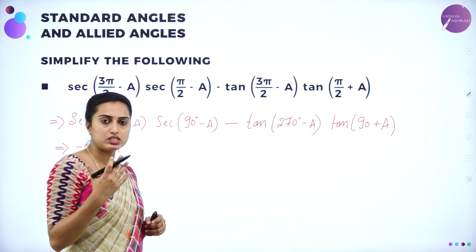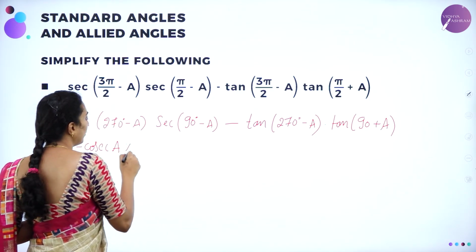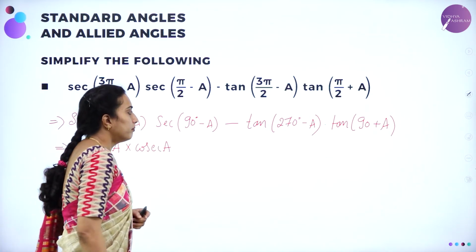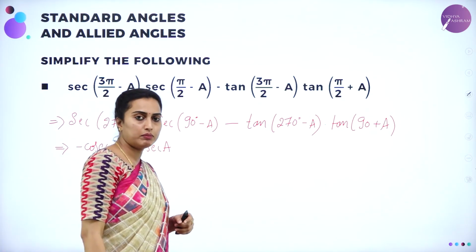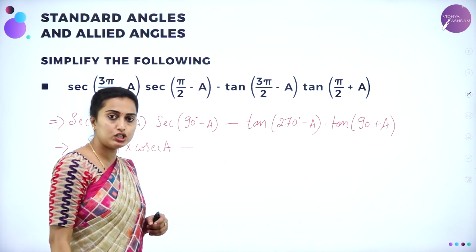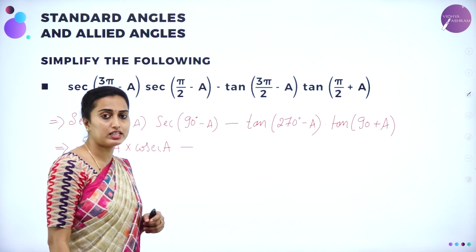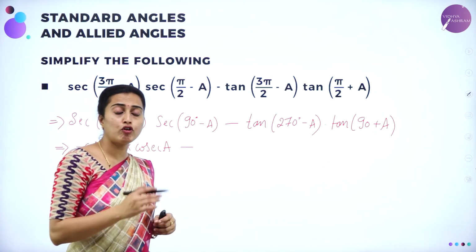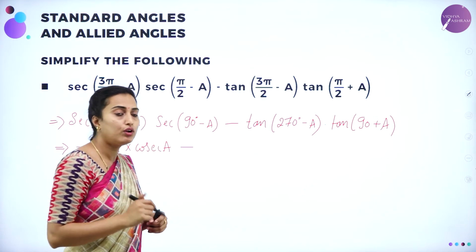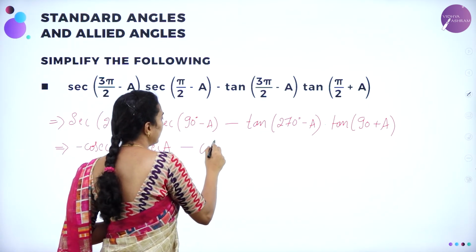Secant is always positive. So here it is cosecant a only. Again minus tan of 270 minus a. In 270, tan will be changing as cot. 270 minus a falls in the third quadrant. Third quadrant tan is positive. Therefore cot a only you are having.